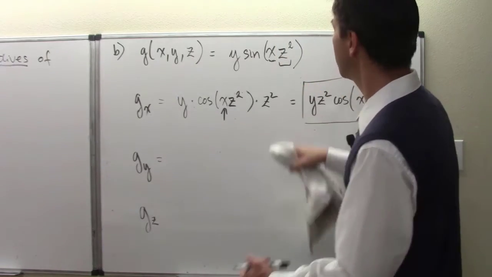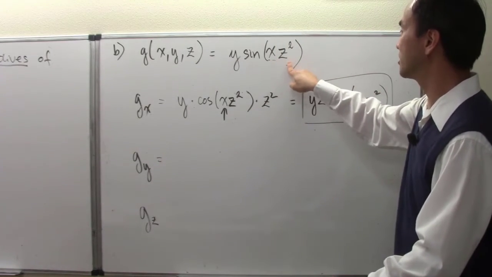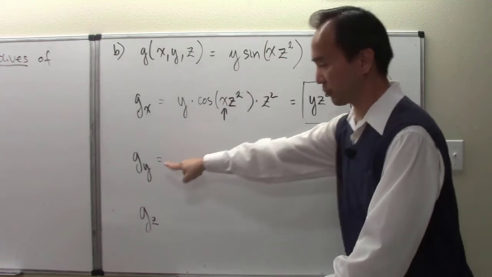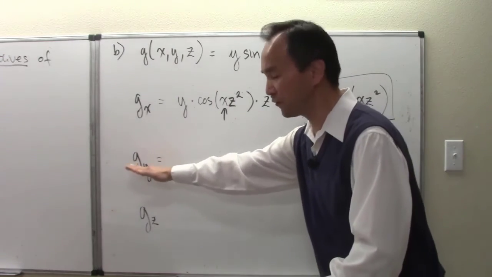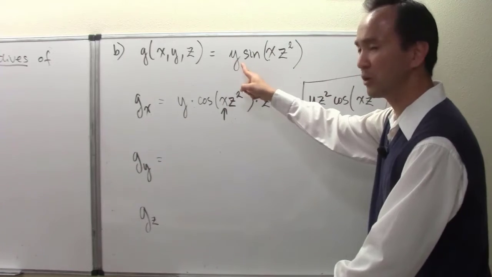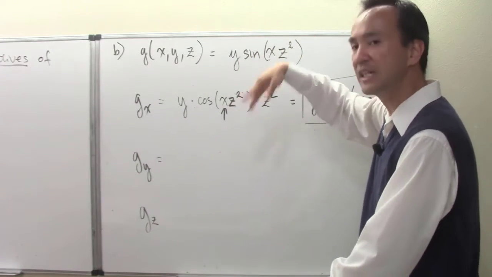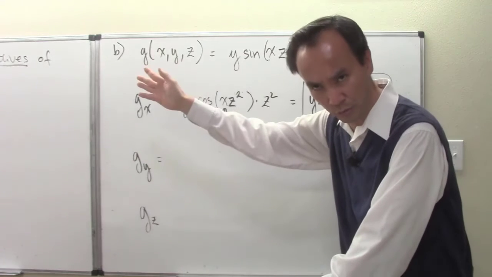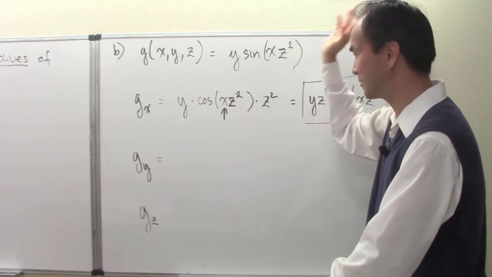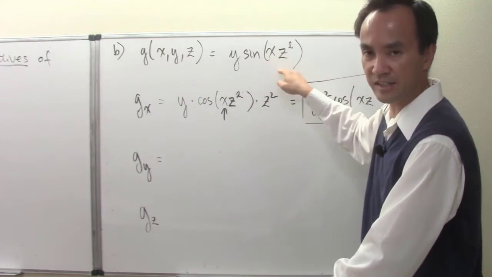All right, so let's observe our function one more time. In order to find g_y, we want to target y as our main variable. Any other variables are going to be regarded as a coefficient.